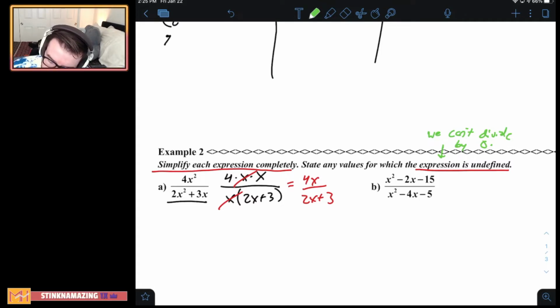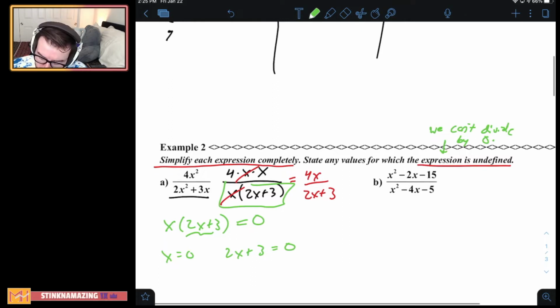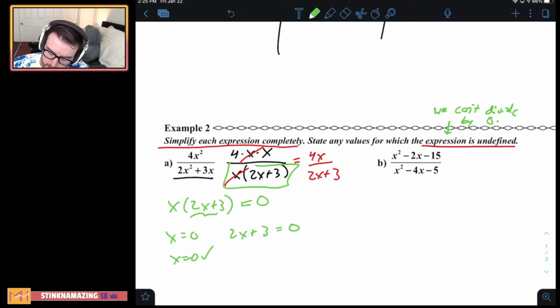So when I factor this up, when I look at this denominator and we look at this factoring job here, when is this equal to 0? Well, there's two factors. One here and one here. So the denominator is equal to 0 on two separate occasions, for x equals 0 and -3/2.